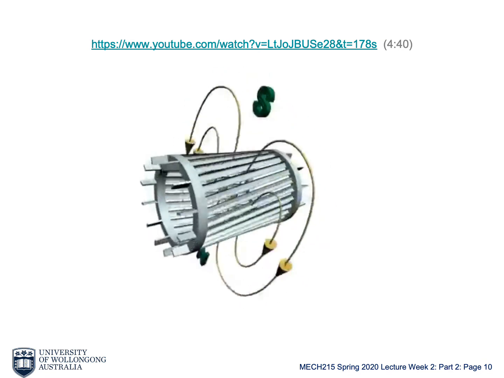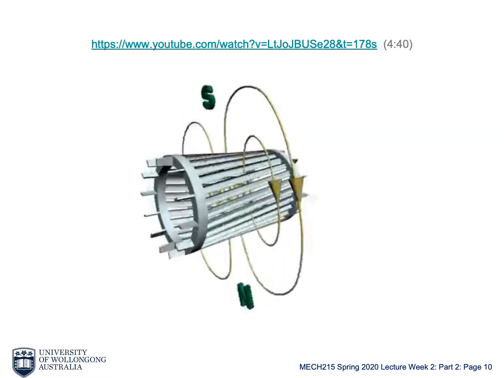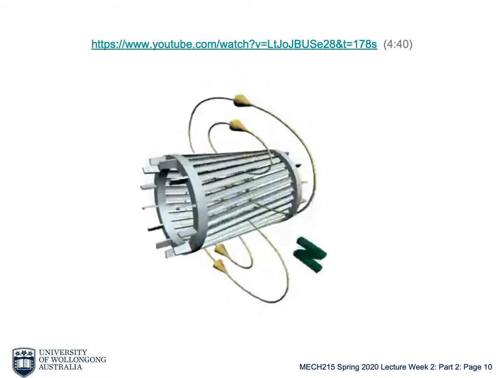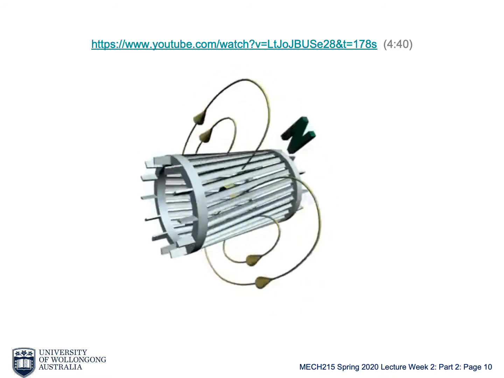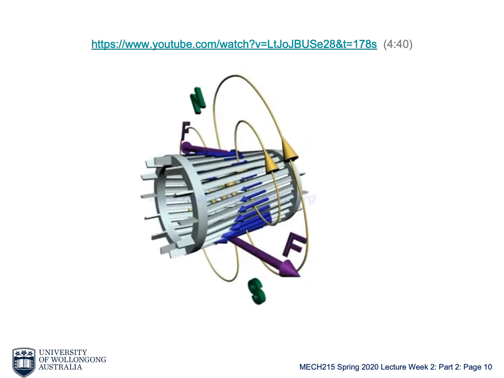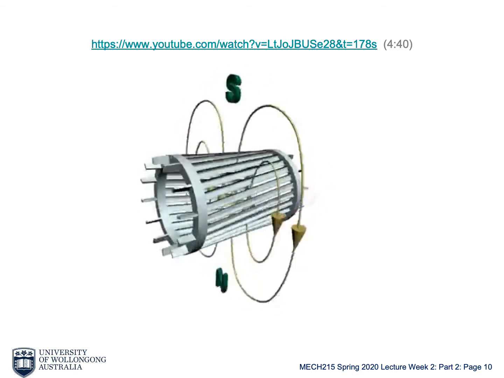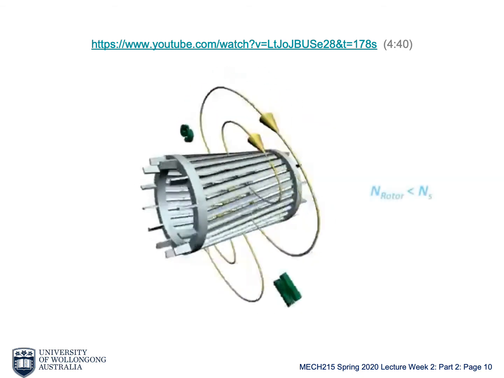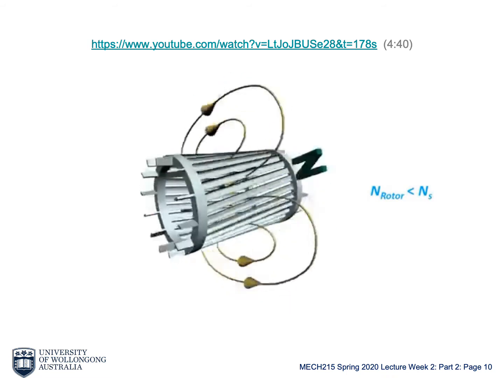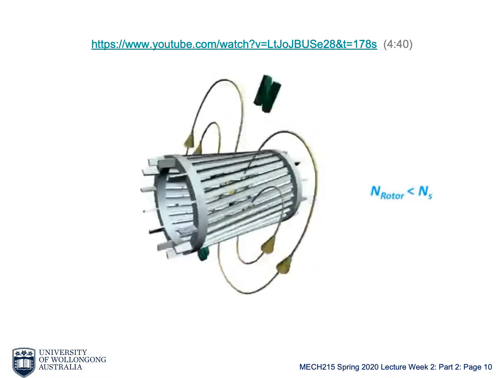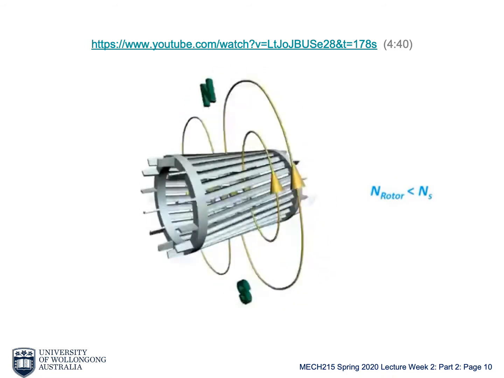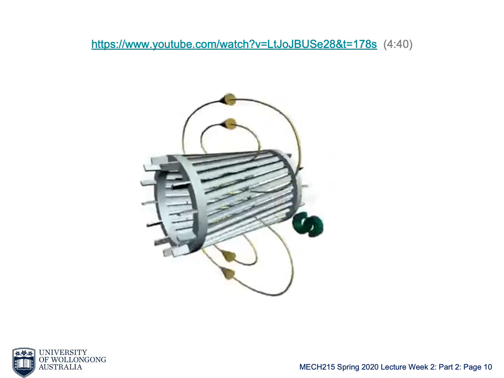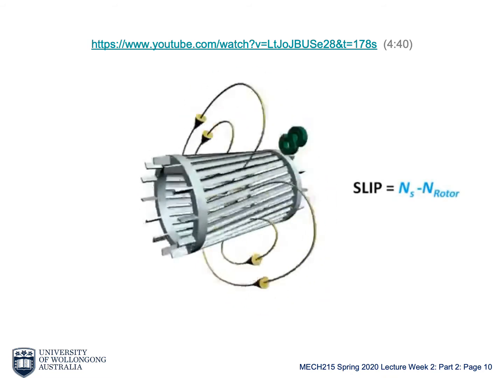But as it slows down, rotor loops will experience a varying magnetic field. So induced current and force will rise again, and the rotor will speed up. In short, the rotor will never be able to catch up with the speed of the magnetic field. It rotates at a specific speed, which is slightly less than synchronous speed. The difference between synchronous and rotor speed is known as slip.